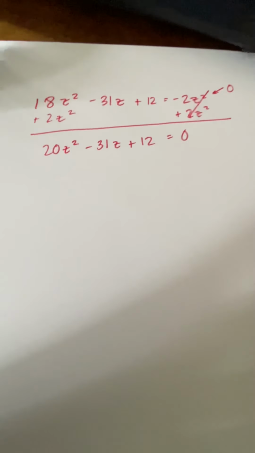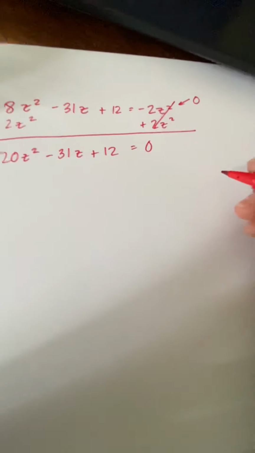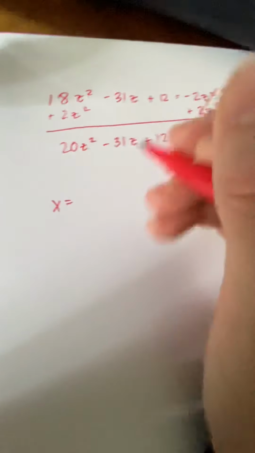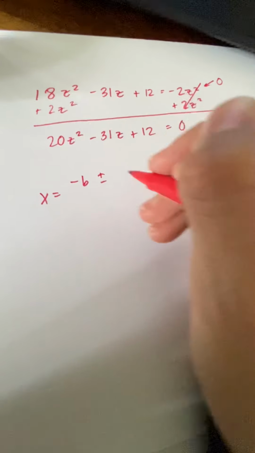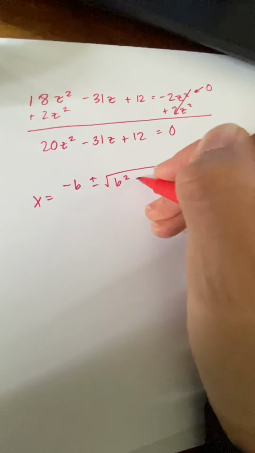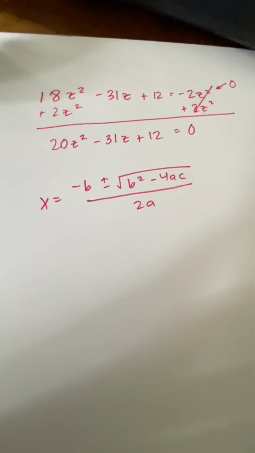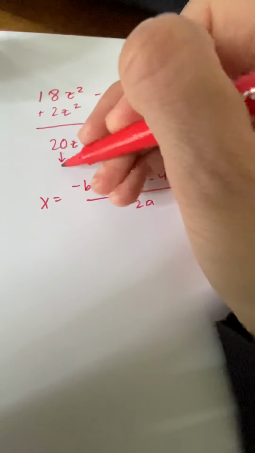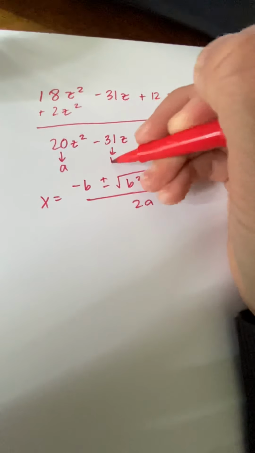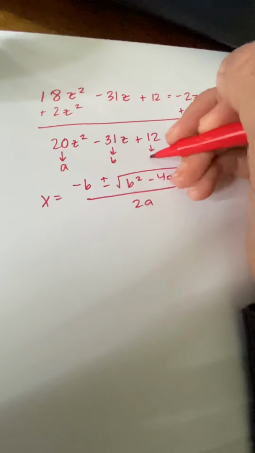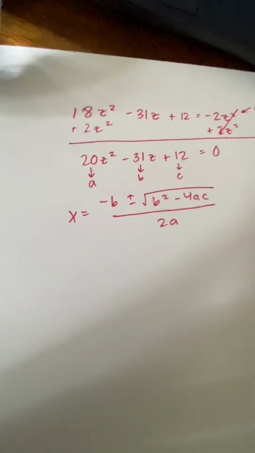And I use that crazy quadratic formula, right? So we have x equals the opposite of b plus or minus the square root of b squared minus 4ac over 2a. In this instance, 20 is a, negative 31 is b, and 12 is c. So I'm just going to plug this in.